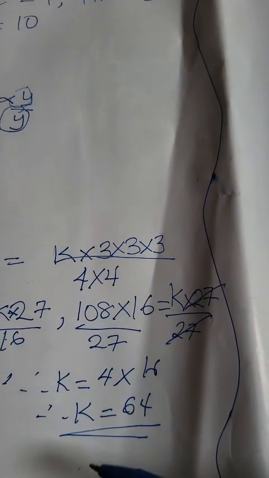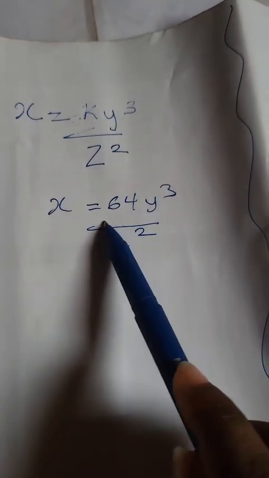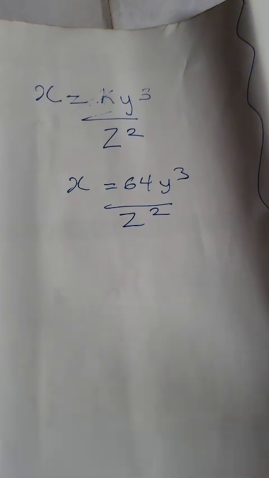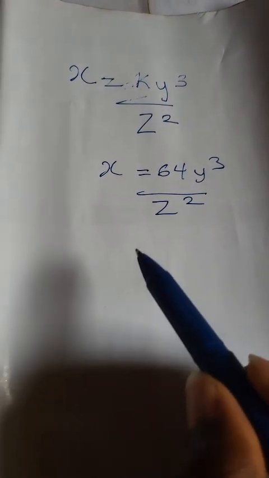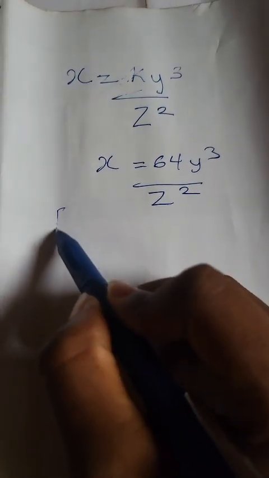So our x will now be, you've known the value of k, which I got here as 64. So I now replace it in this formula that we got here, and place the k here as 64. So if they ask you in a question under variation for the formula connecting them, this is the formula.